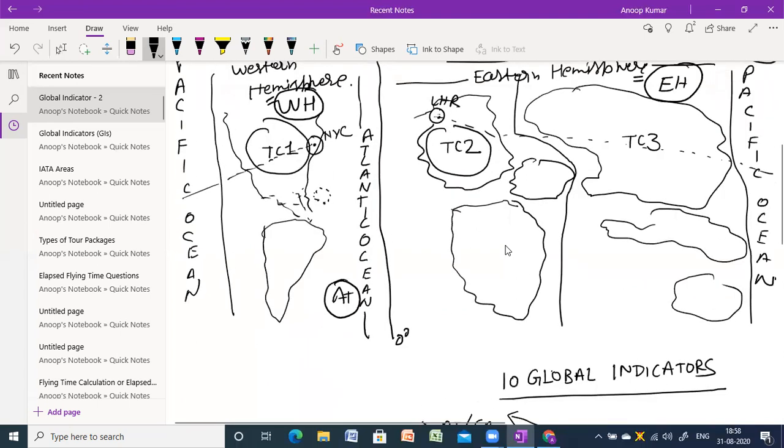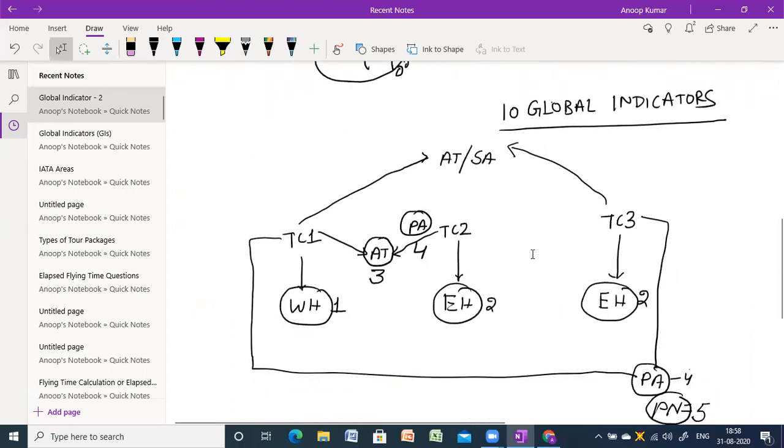The lower portion of the Atlantic Ocean here is Southern Ocean, which came into existence in the year 2000, and so we call it the South Atlantic Ocean or Southern Atlantic Ocean. So in that case, this AT we have already discussed, this is our third global indicator, and this South Atlantic will be our sixth global indicator.